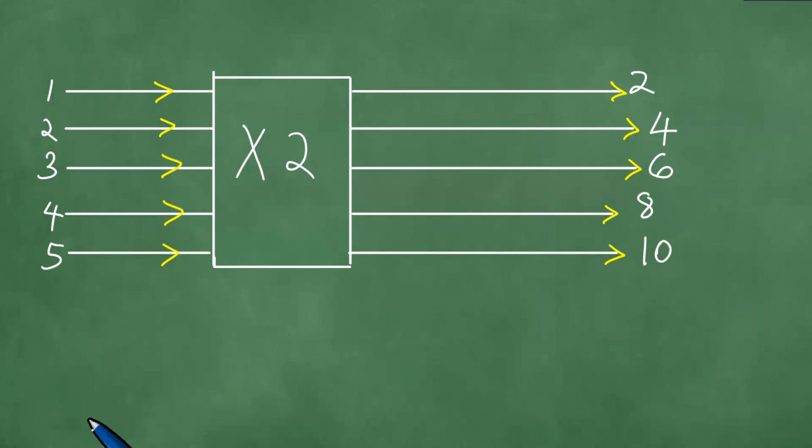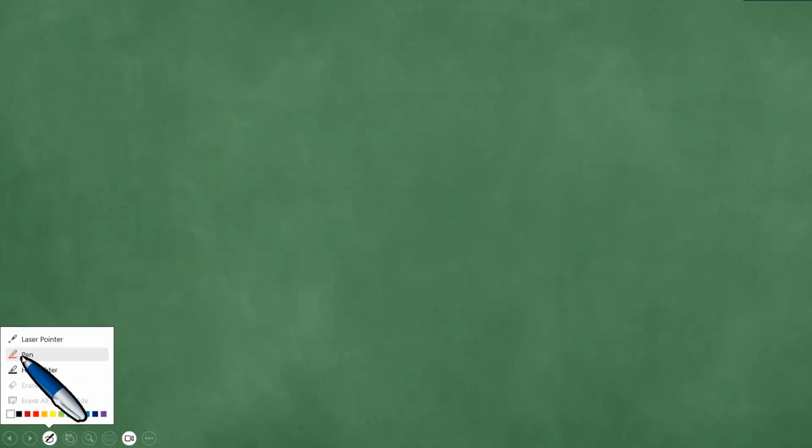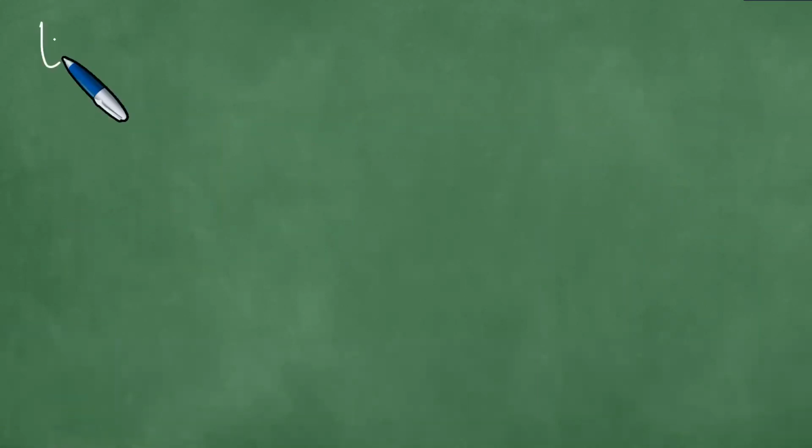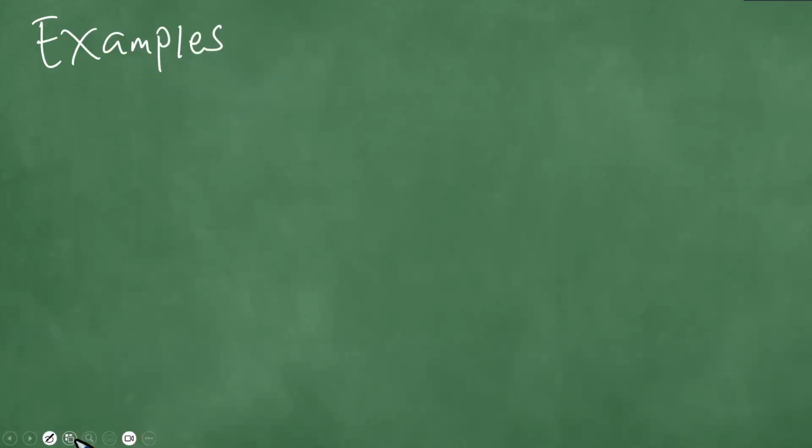Okay, now, in these examples, we are looking at how to break down the number into constituent numbers. Okay, so as follows.